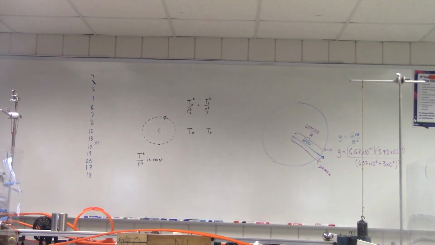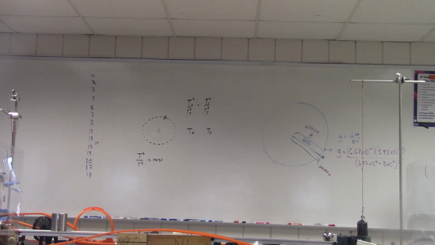So let's try to think about it here. If Y completes one orbit for every 8 orbits completed by X, which one's going faster? The X. X does 8 when Y does 1. So X is going faster, but that's not what we're looking for. We're actually looking for the times.